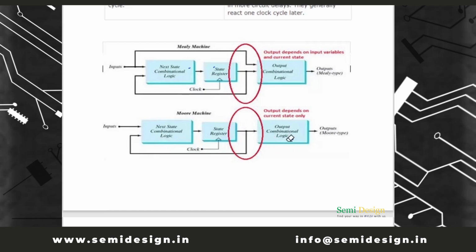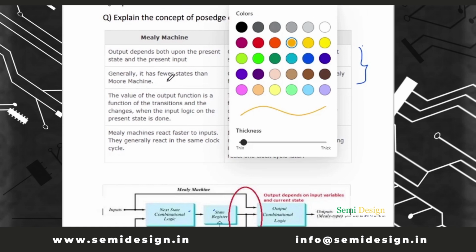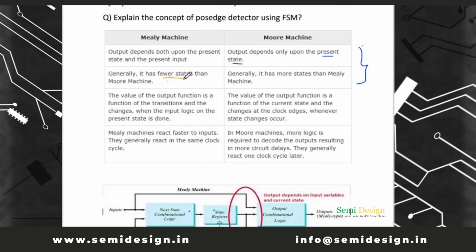Now we will see the second point. It says that Mealy FSM generally has fewer states than Moore machine, whereas Moore FSM has more states than Mealy FSM. We will see this point by using one example: a sequence detector for 101 using Mealy and Moore, and we will understand this point.